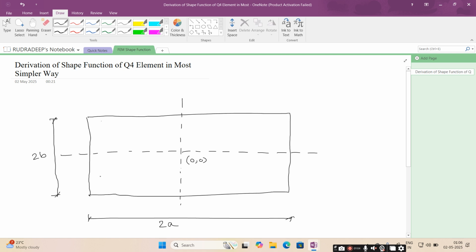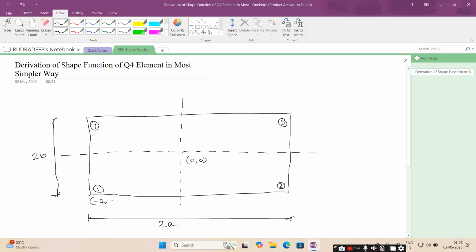and we'll consider the node number in anti-clockwise direction. This one is node number 1, this is node 2, this one is node 3, and this one is node 4. So from the length and this origin coordinate, we'll just mark all the coordinate points of these four corner nodes.